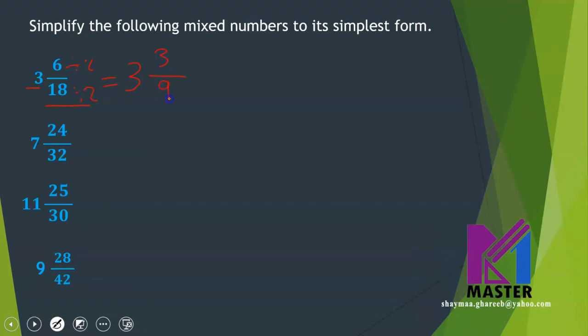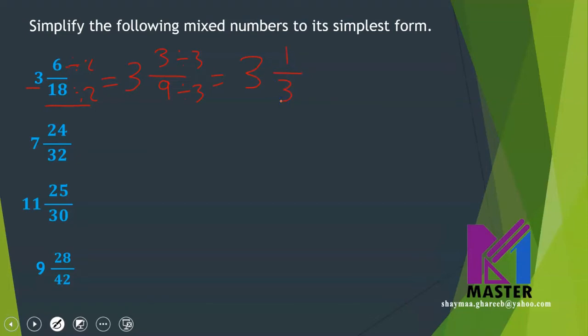2 equals 9. So now look at the next number that you have, 3 and 3 over 9. Can I simplify it more? Yes, I can divide by 3 up and down. So when you divide, remember, keep the whole number as it is, only divide the fraction part. 3 divided by 3 equals 1, and 9 divided by 3 equals 3.